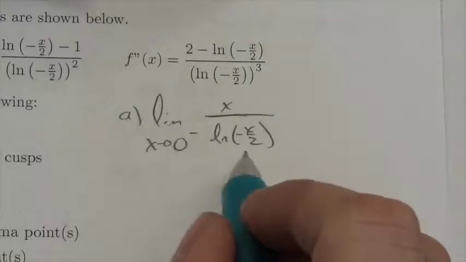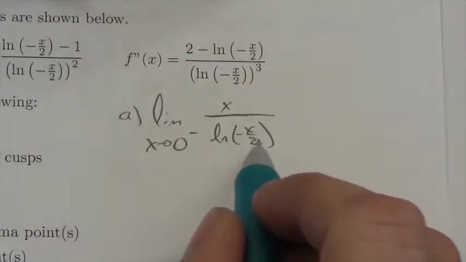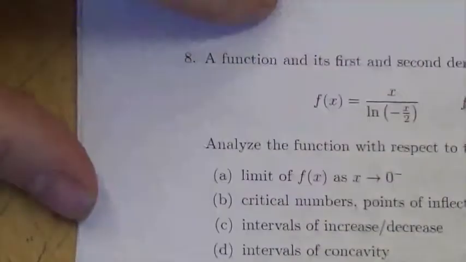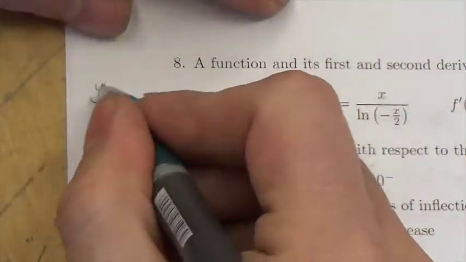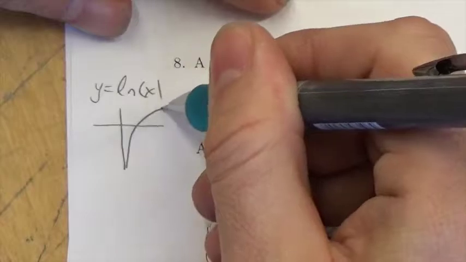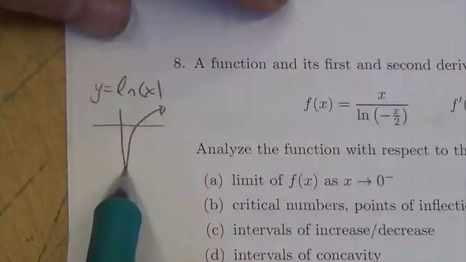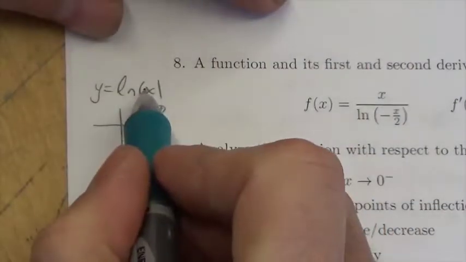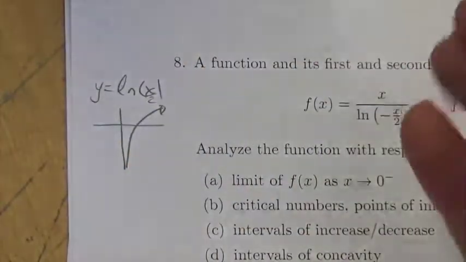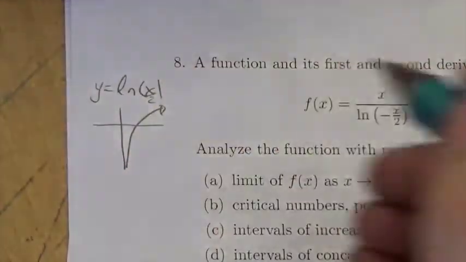Let's talk about what happens as x approaches 0 from the left of the natural log of negative x over 2. Now, if you remember what a natural log looks like, the graph of the natural log of x is going to look something like this. Now, if I put a 1/2 in there, x over 2, that's going to horizontally stretch it by a factor of 2, which spreads it out a little bit.